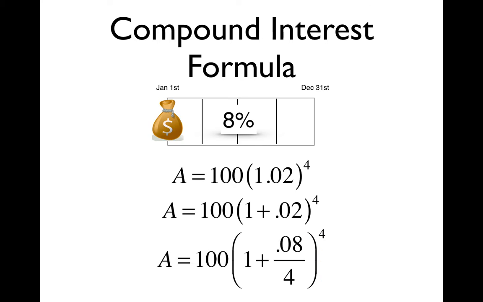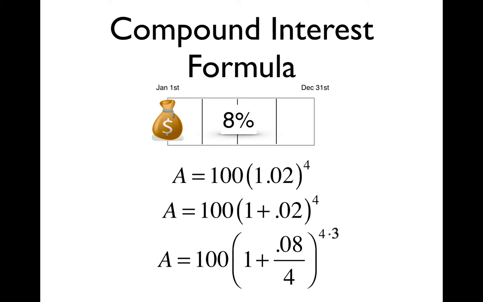Now if I wanted to run this for a second year, really what I'd be doing is this whole 1.02 another 4 times. So it's like raising all that to the 8th power. If I wanted to go 3 years, I'd be adding another 4 of these 1.02s to be multiplied together, and that's like to the 12th power. Or I can abstract this a little further and just say I can multiply 4 times 2 if I want 2 years, or times 3 if I want 3 years.